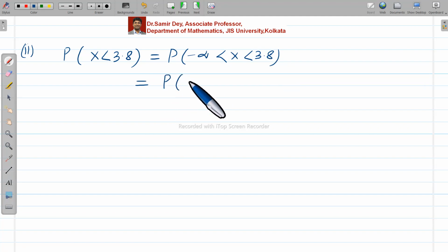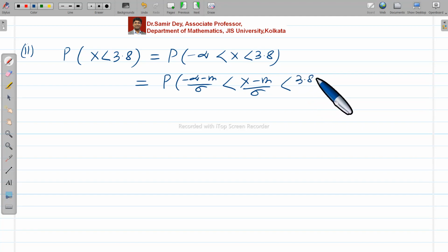That is probability minus infinity less than (X minus m) by sigma less than (3.8 minus m) by sigma. Now anyone please write in chat box what is your m and what is your sigma. So here m is equal to 4 and sigma is equal to 0.5.